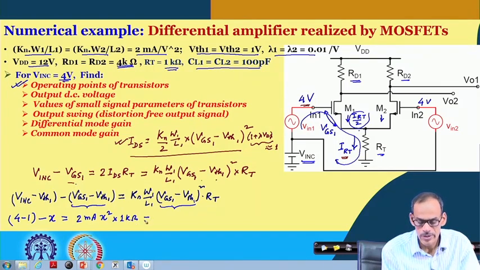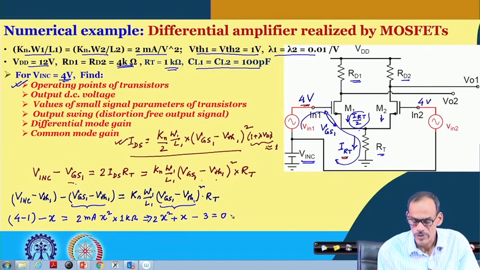So, that gives us 2x square plus x minus 3 equals 0.